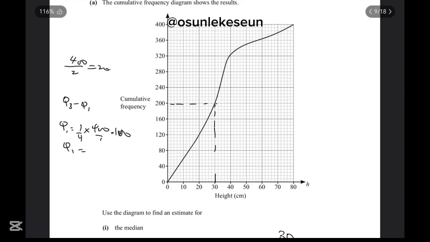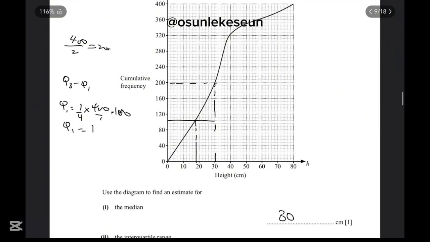So 100 is at this point, between these marks, 1, 2, 3, 4, 5. So that's 18. Q1 is 18.